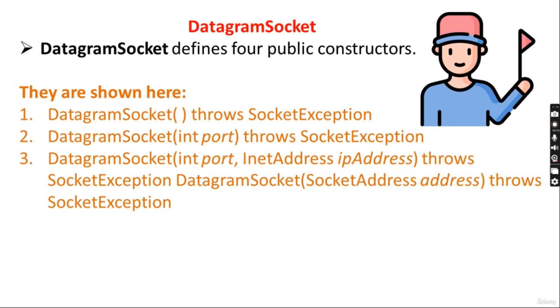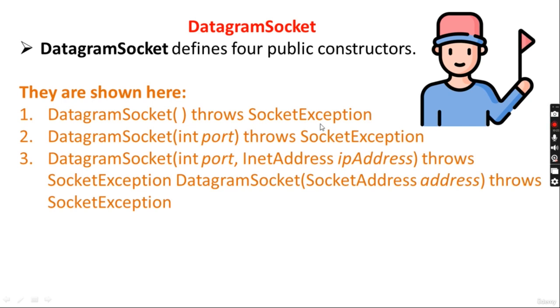The public constructors are: DatagramSocket() throws SocketException. DatagramSocket(int port) throws SocketException. DatagramSocket(int port, InetAddress ipAddress) throws SocketException. DatagramSocket(SocketAddress address) throws SocketException. So there are four public constructors.